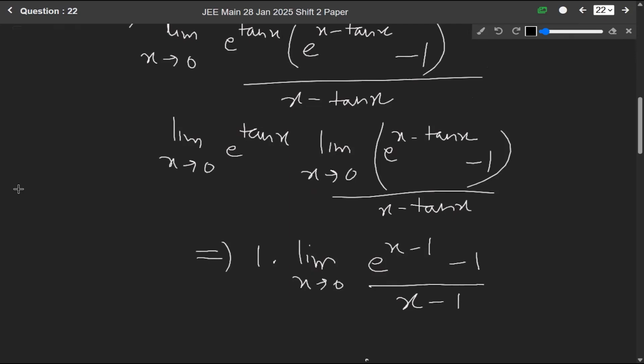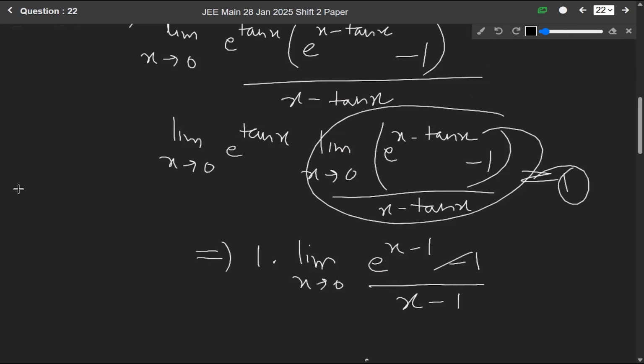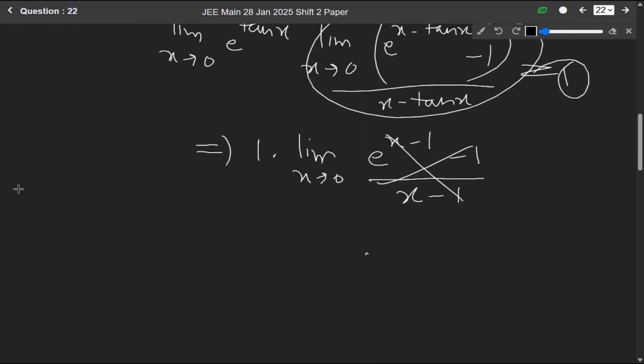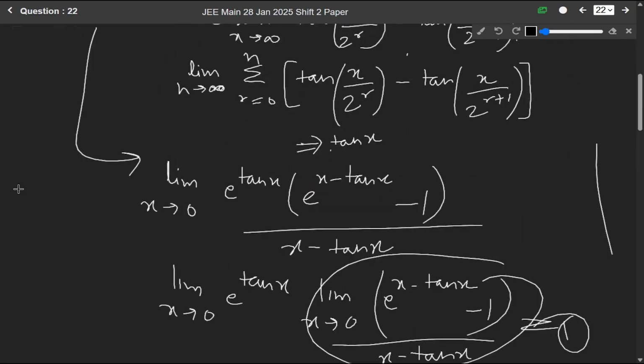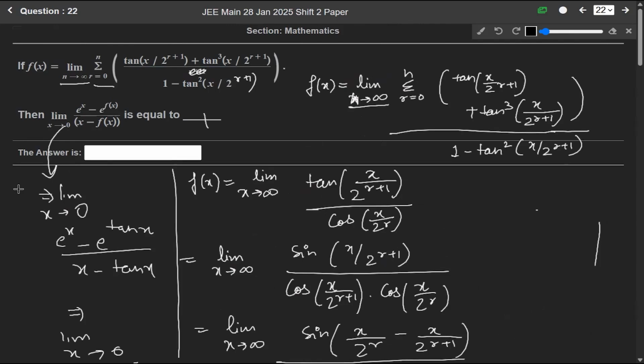So e^(x minus tan x) minus 1 over x minus tan x, and the limit, this whole term will become 1, since (e^x minus 1) over x is 1 when limit x tends to 0. So our answer is 1 into 1, which means 1. So it will be equal to 1 only. So this term will be equal to 1 here.